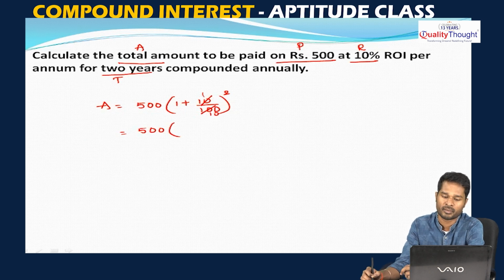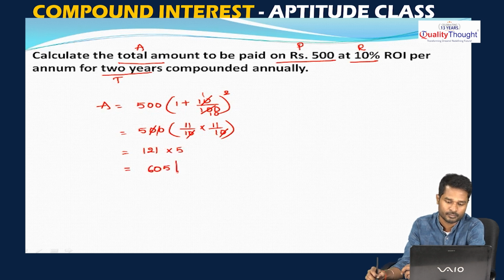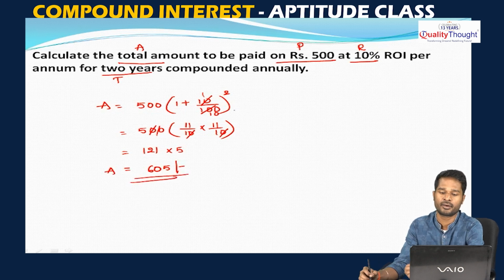Now 1 plus 1/10, taking the LCM, 10 plus 1 is 11/10. So 11/10 into 11/10, here the 2 zeros will cancel. So 11 elevens are 121, into 5. 5 ones are 5, 5 twos are 10, 5 ones are 5 plus 1 is 6, so 605. So the total amount to be paid on 500 rupees at 10% for 2 years is 605 rupees.